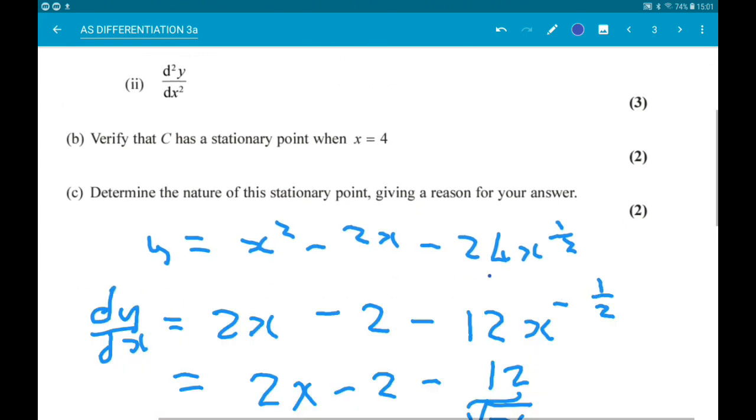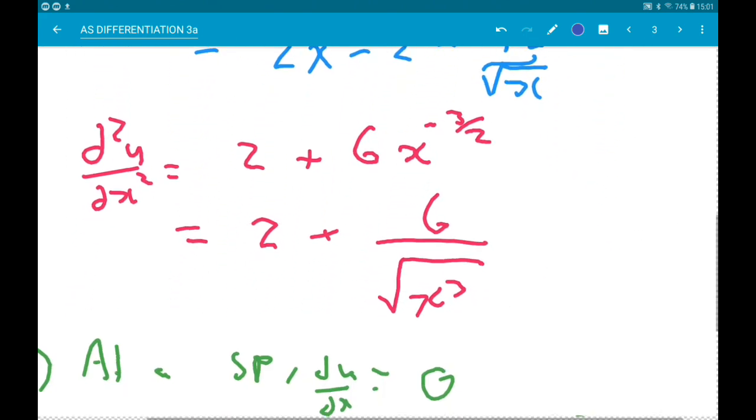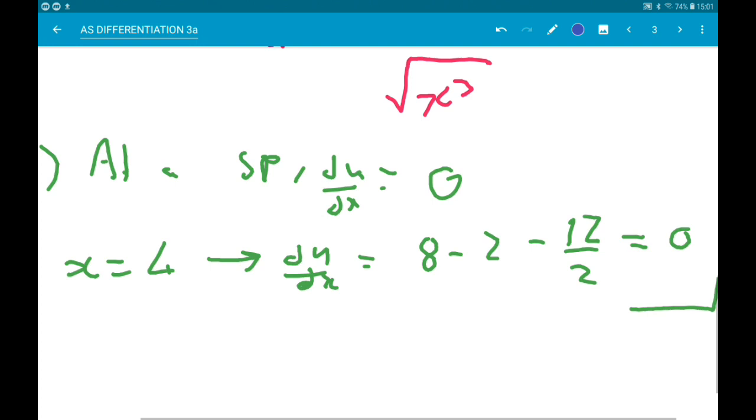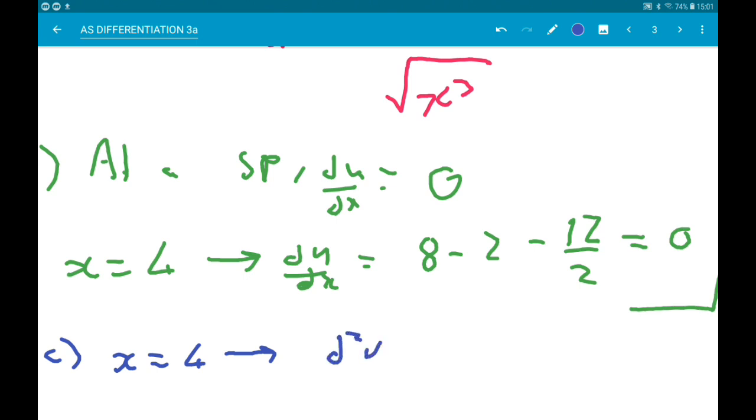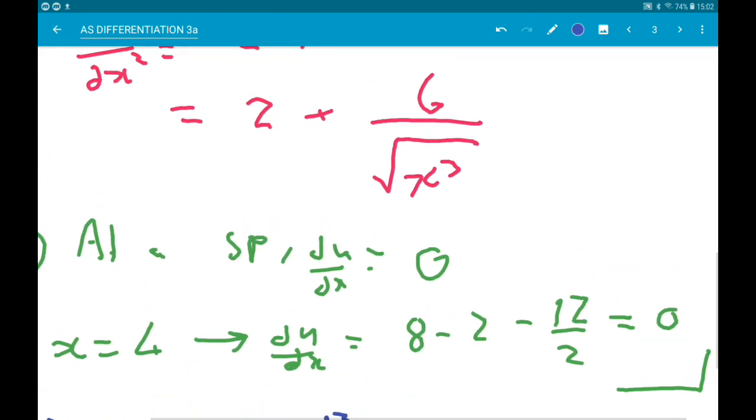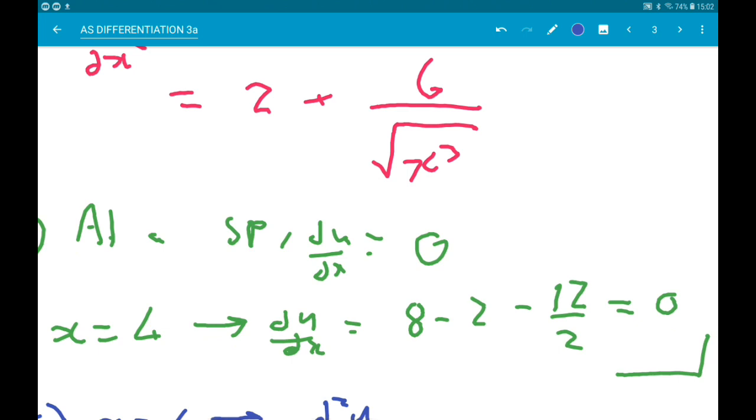So when x is 4, the second derivative is going to be 2 add 6 over the square root of 4 cubed.